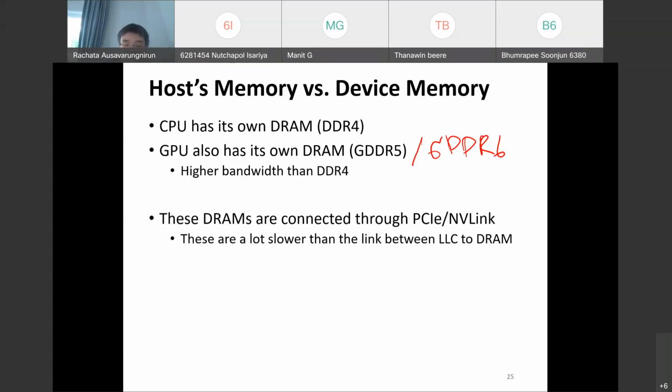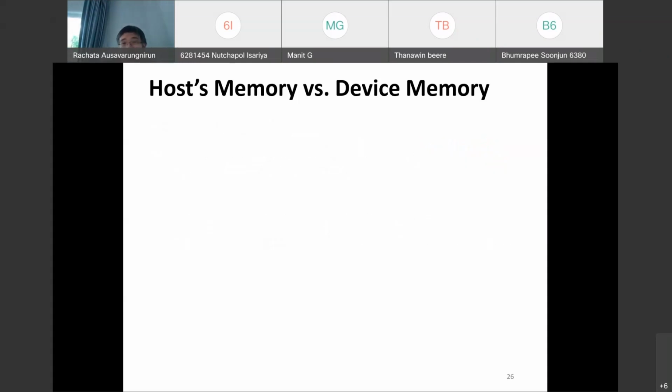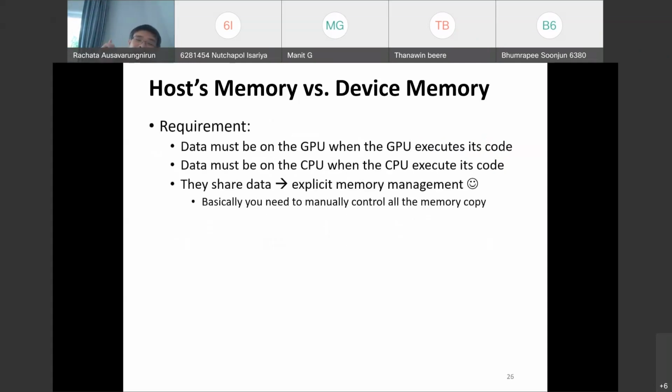This is the NVSwitch available from a lot of NVIDIA products, right? And these are typically a lot slower than the link between your last level cache and DRAM. So moving data around is taking a lot of time. The requirement is if you want to run things on a GPU, the data has to be there first. You need your data there first, right?